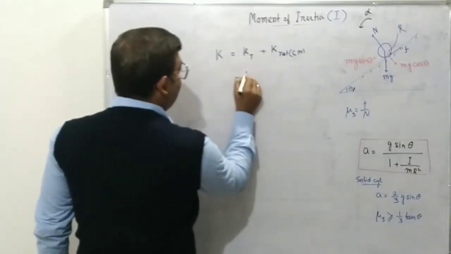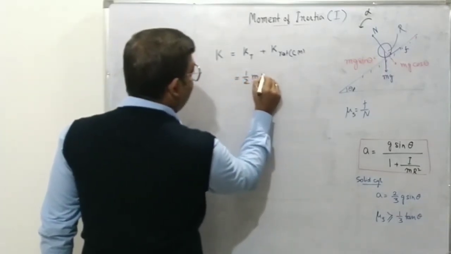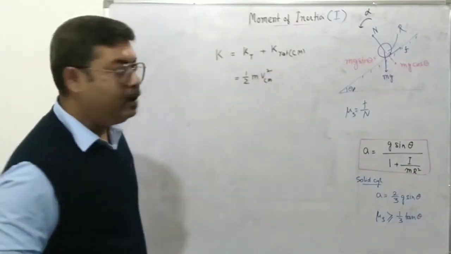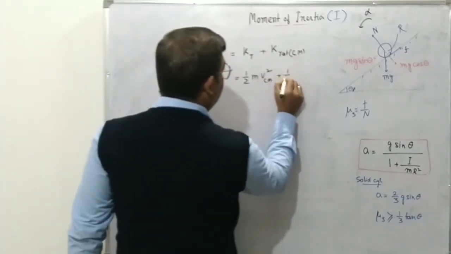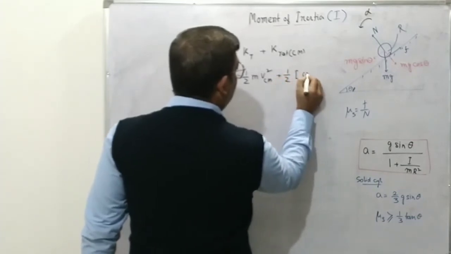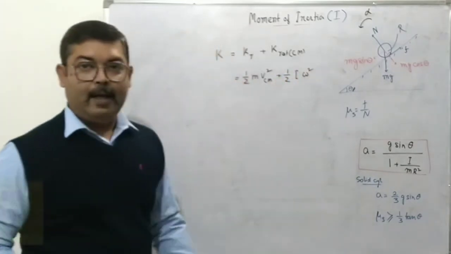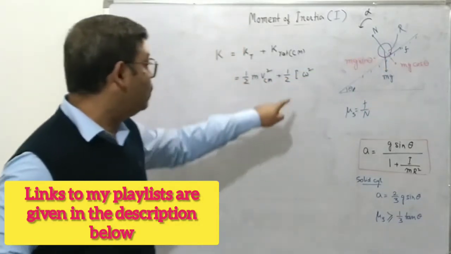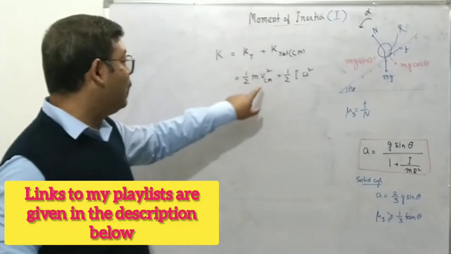Now this must be equal to half m into v cm squared, where v cm is the velocity of the center of mass at any given point, plus half I omega squared, where I is the moment of inertia of the object about its center, and omega is the angular velocity at that particular moment.